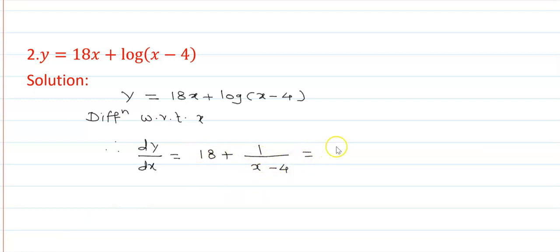18 into (x minus 4) is 18 in bracket x minus 4, plus 1 upon x minus 4.